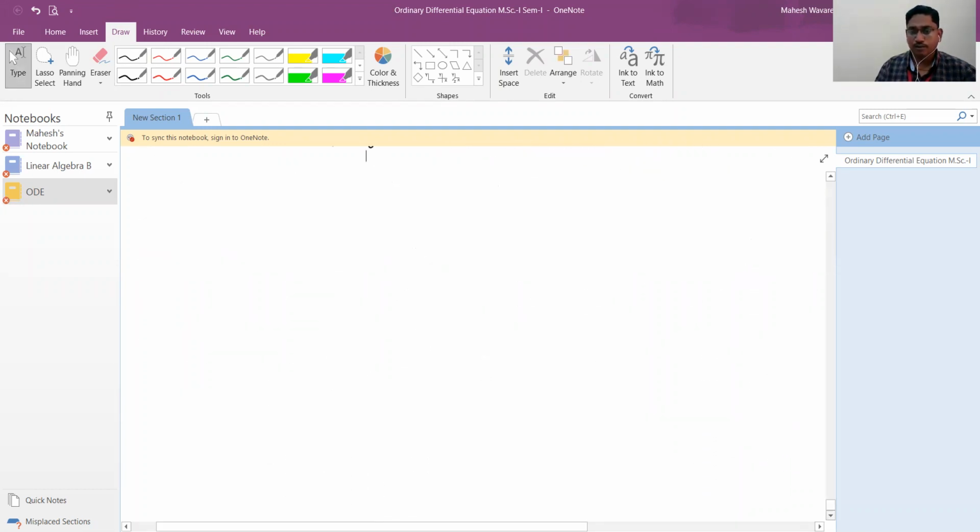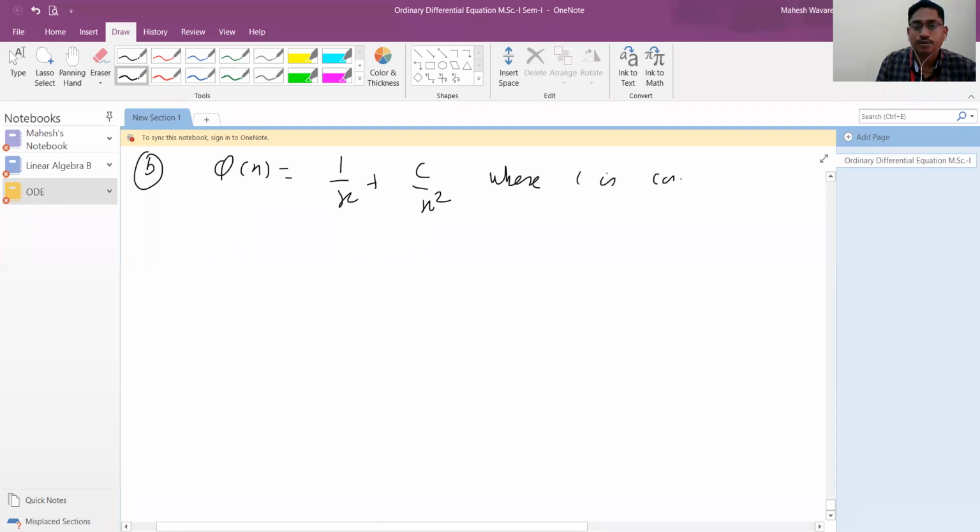Now look at part B. What is part B? You are given, write this, the solution of the given equation 1 by x plus c by x square, where c is any constant, is a solution of x square y dash plus 2xy is equal to 1.